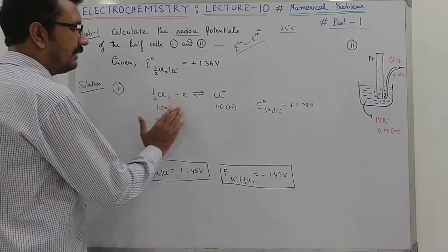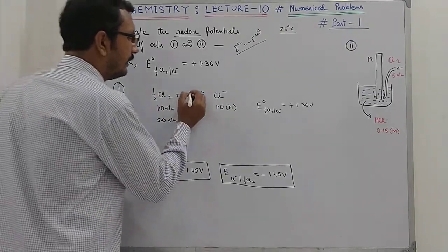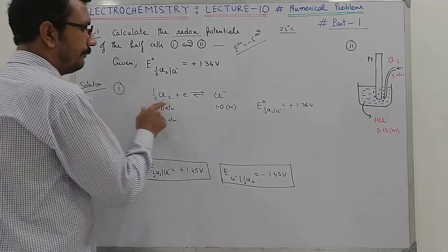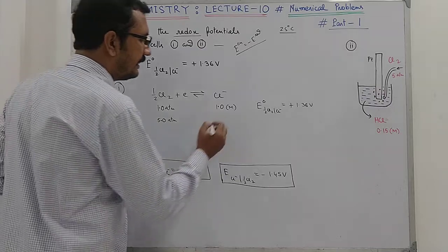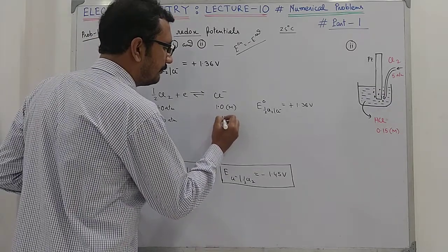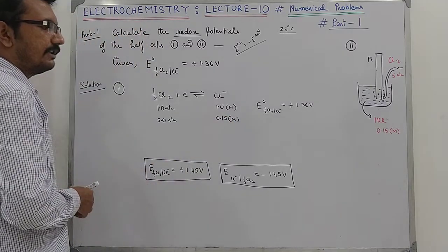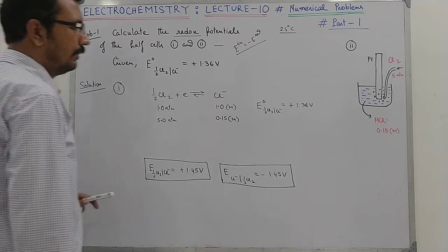So the tendency of getting reduced will increase. If the forward reaction occurs more, then the tendency of forward reaction will increase. Now we are taking this concentration to be 0.15 molar, compared to the previous case, compared to the standard state, we are taking it as a very small concentration.